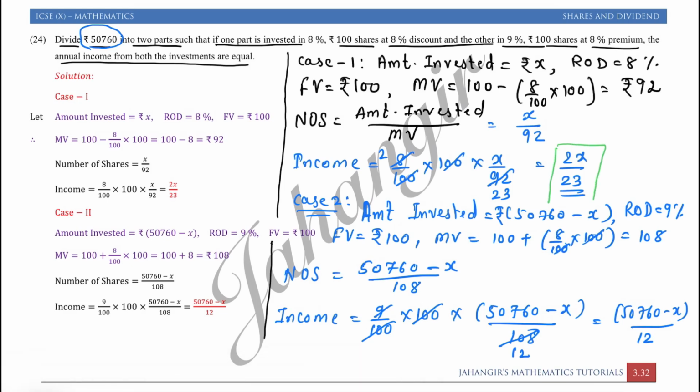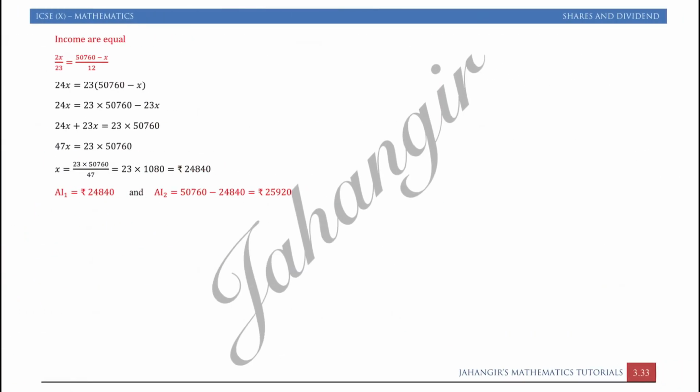Income in the first case is this, income in the second case is this part, the green block. So now we will equate both of them. Incomes are equal, it's given. So 2x upon 23 is equal to (50,760 minus x) upon 12.